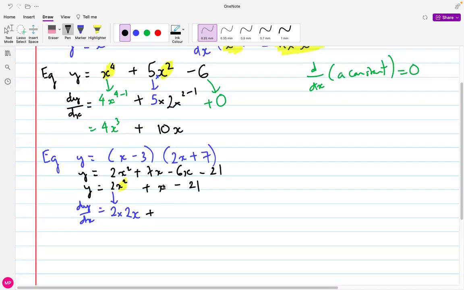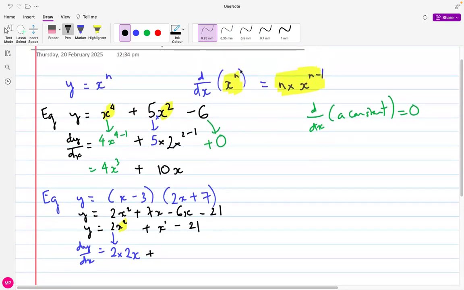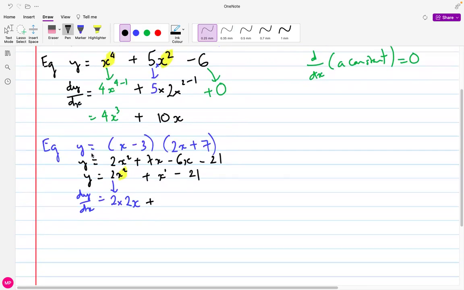And then plus, then you do the next one, the derivative of x. So think about x as x to the power of 1. Use the formula, so we bring 1 to the front, and then we take 1 off the top. So 1 times x to the power of 1 minus 1, which is 1 minus 1 equals 0, and x to the power of 0 equals 1.